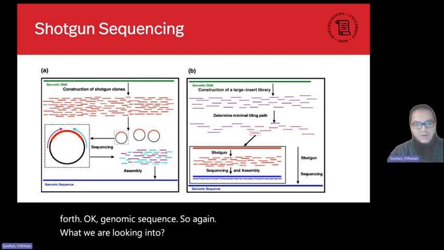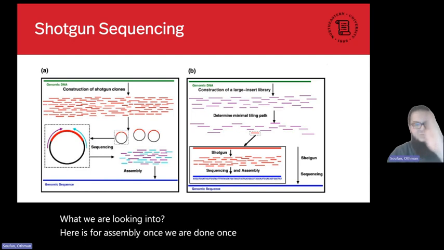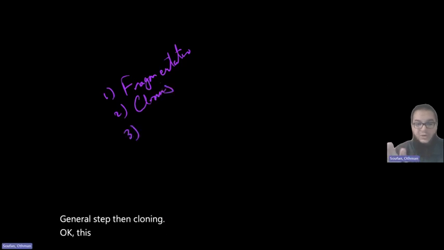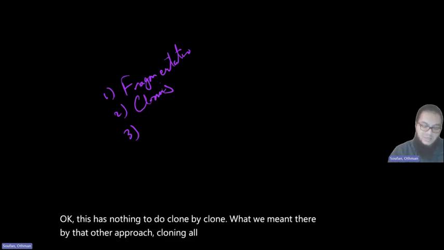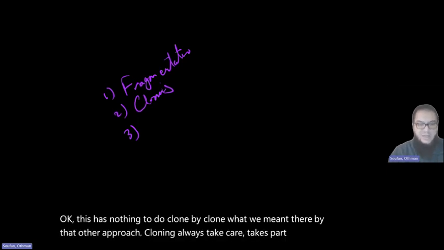So again, what we are looking into here is for assembly. Once we are done, let me summarize this. We are looking at fragmentation as one general step, then cloning. This has nothing to do with clone by clone, what we meant there by that other approach. Cloning always takes part in bacterial vectors.